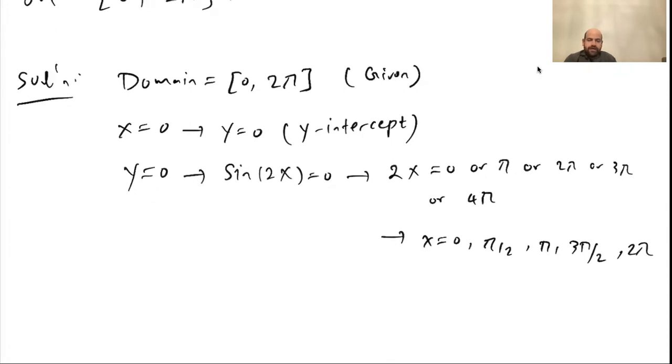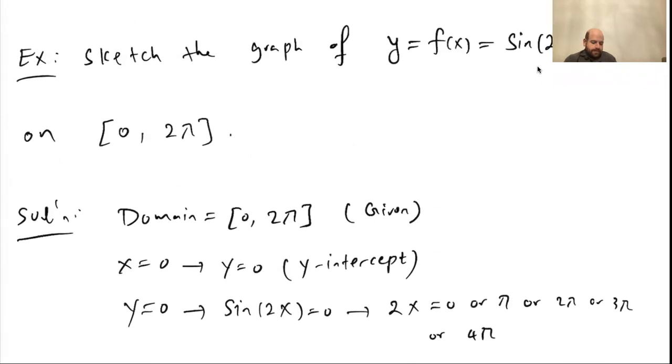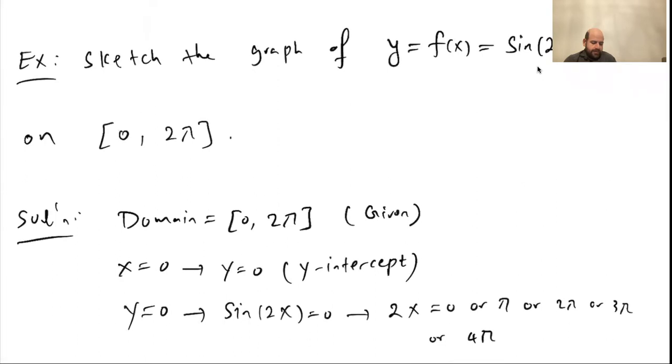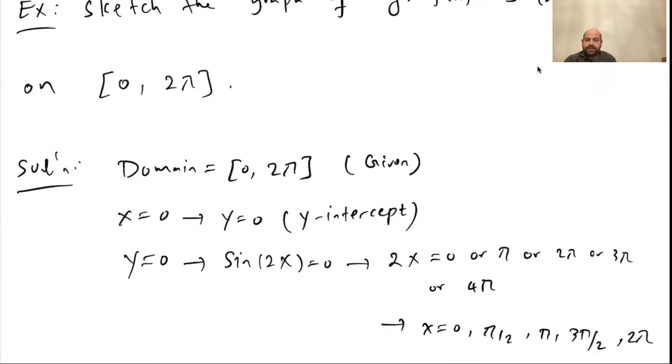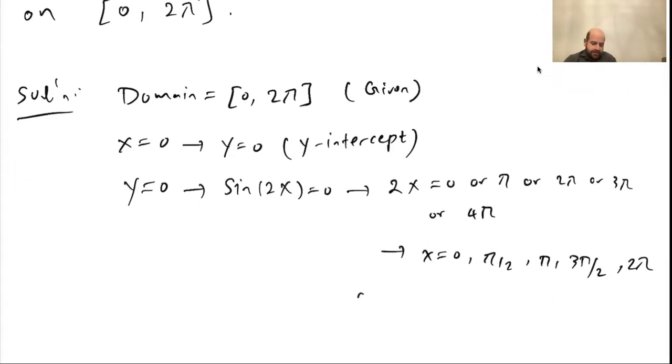So these are the values for which sine 2x becomes 0. The y value becomes 0 at these x values. So here's the domain, x-intercept, y-intercept. We have more than one x-intercept. X-intercepts mean roots, right? So these are x-intercepts or roots.